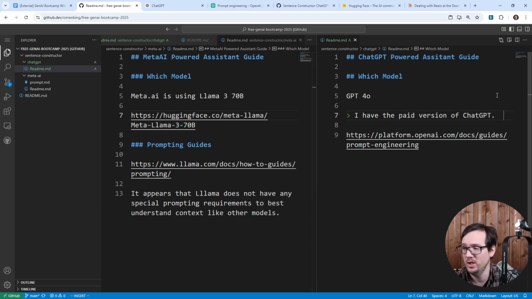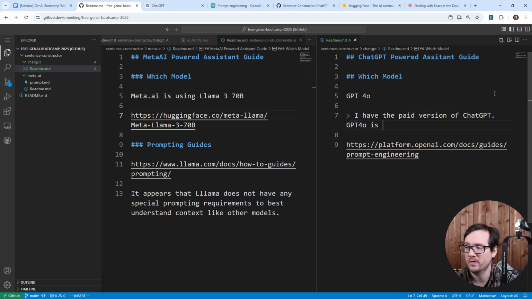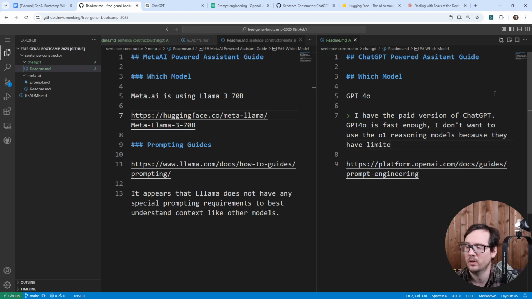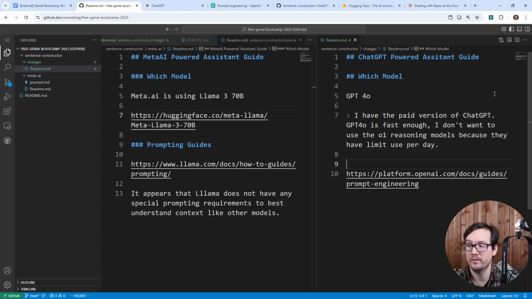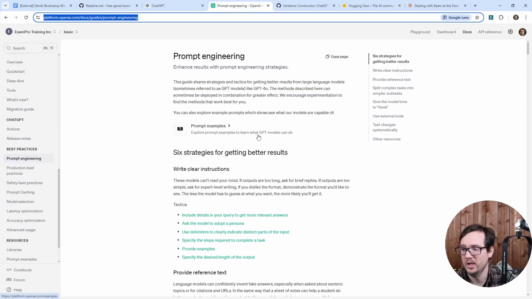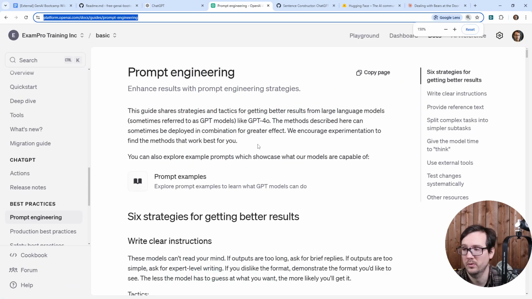GPT-4o is fast enough, and I don't want to use the O1 reasoning models because they have limited use per day. We don't need super intelligent reasoning here, but we can play around with it if you do.